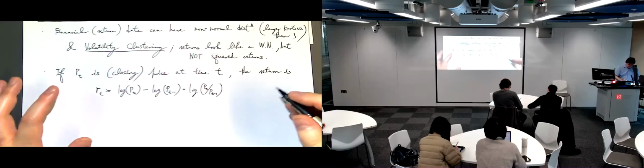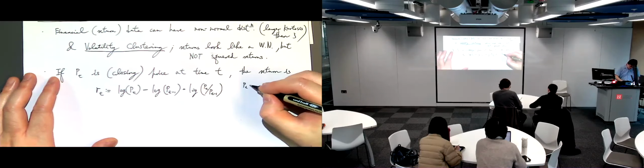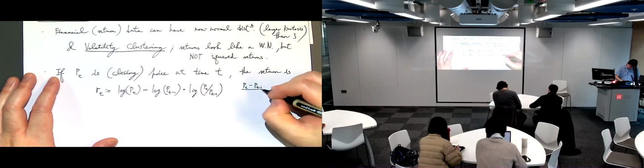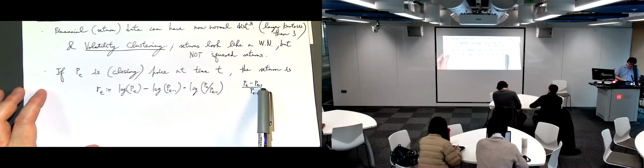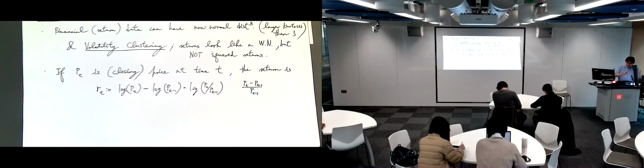And you may ask how it is related to the usual return. You define return like this, right? The new price minus yesterday's price, divided by yesterday's price, multiplied by 100. That's the percentage change. How is it related to log return?